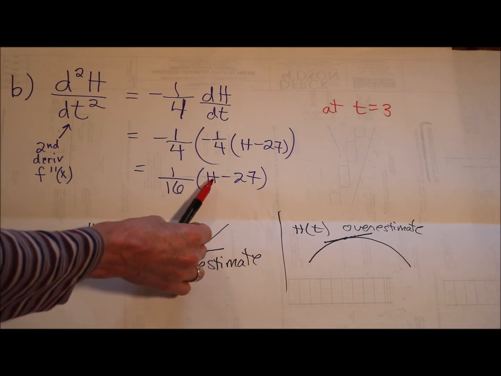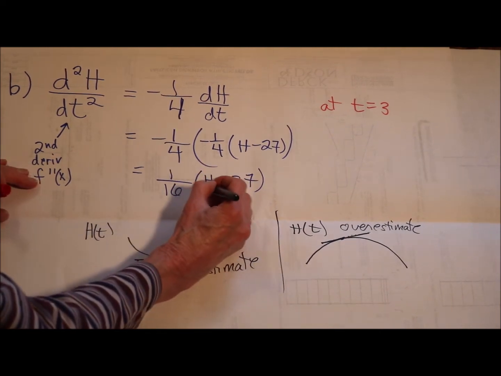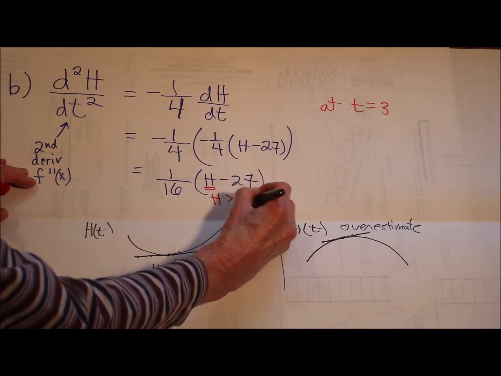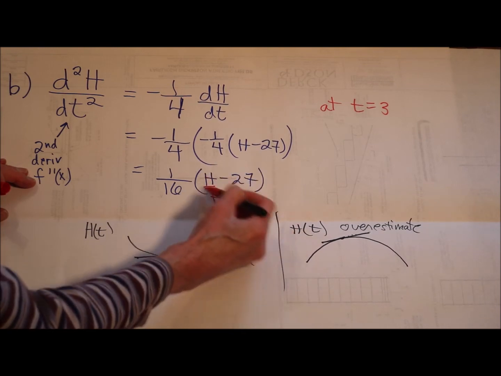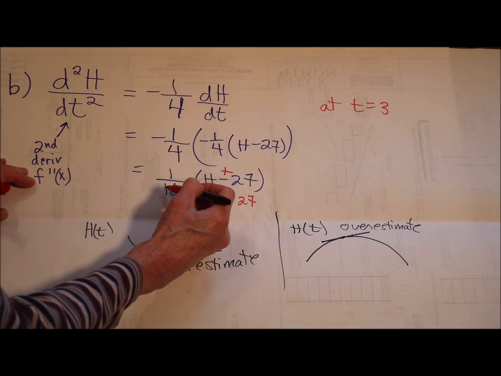So I go back to my stem, I go back to the question, and I see in that third line it says the internal temperature of the potato is greater than 27 degrees for all times. So they basically just told me that h is always bigger than 27. So that is their way of telling me this is always going to be positive. I'm multiplying it by a positive.